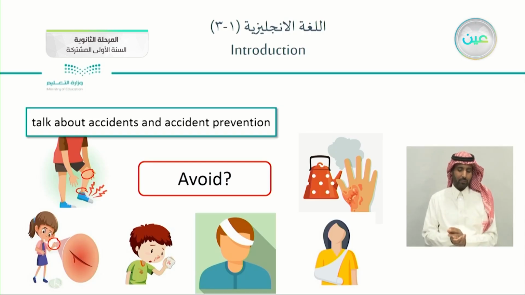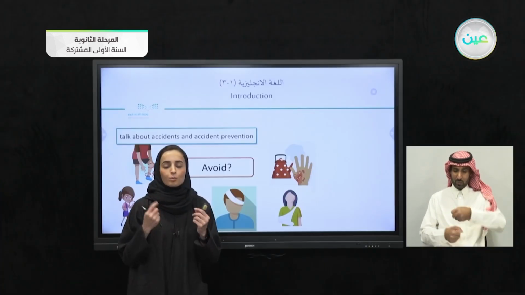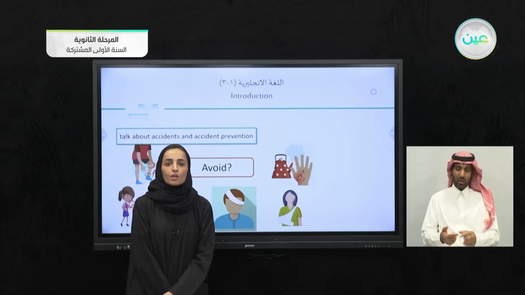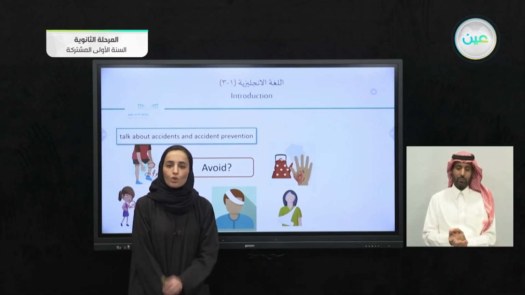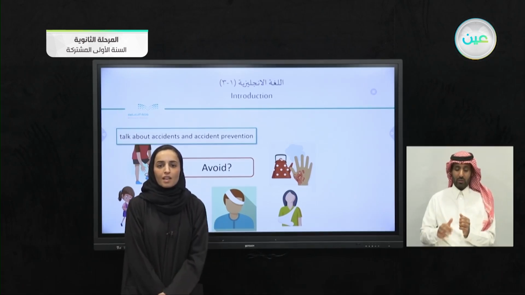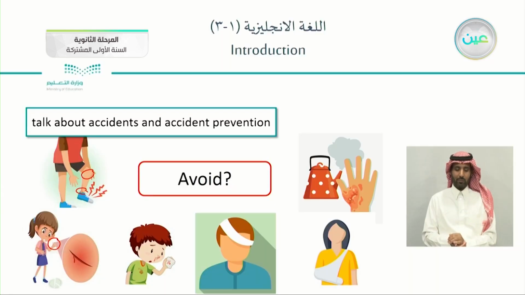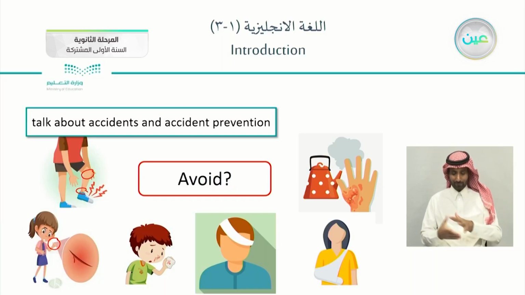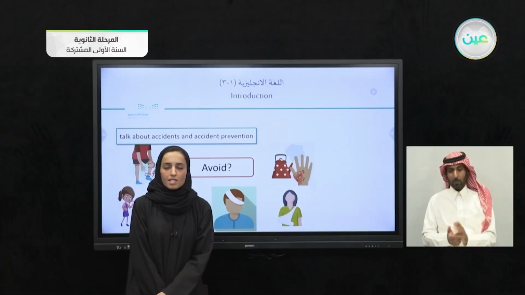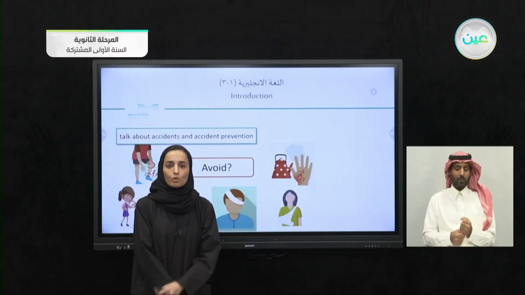And by the end, which is burning yourself. You could burn a hand, you could burn a finger, when you encounter or touch, let's say, a hot liquid or a hot surface. How can you avoid any one of these? How can you avoid these accidents from happening to you or your loved ones?